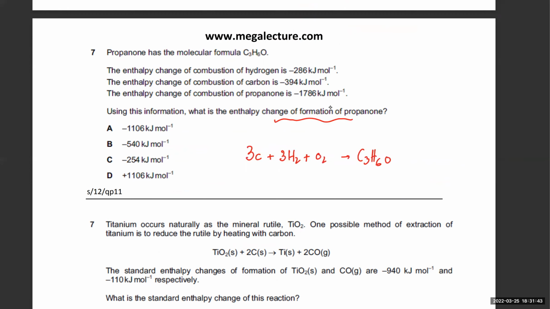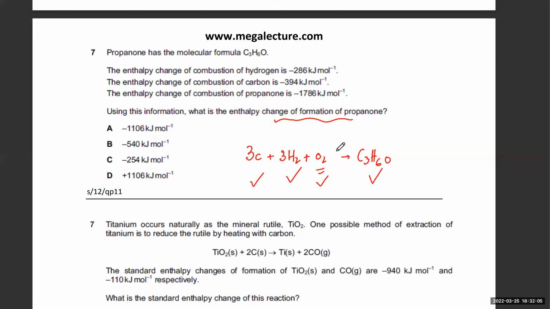The combustion of oxygen is also zero. I mean, you can't burn oxygen in oxygen, so that is also zero. Okay, so what is given? Hydrogen's combustion is given, carbon's combustion is given, O2 is already zero, this is given, so it's going to be reactants minus products. Is that clear? Yes, sir.